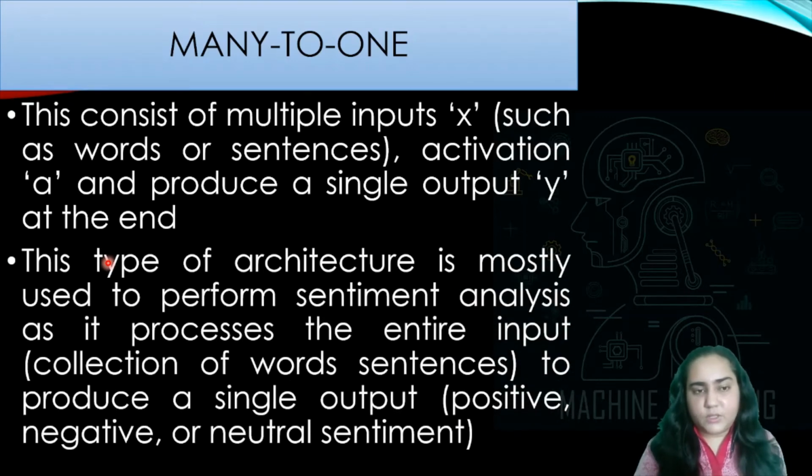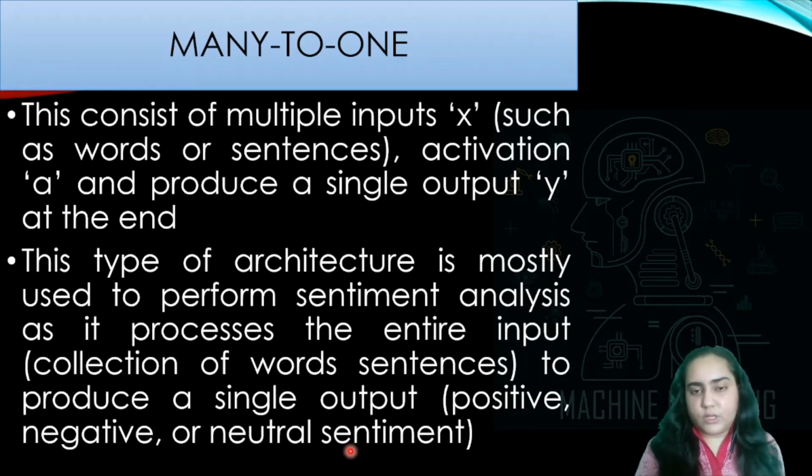This type of architecture is mostly used to perform sentiment analysis as it processes the entire input, which means a collection of words and sentences, to produce a single output, which is either what kind of sentiment it is: positive, negative, or neutral. So sentiment analysis is where you analyze different texts and you try to find out what is the sentiment behind them.